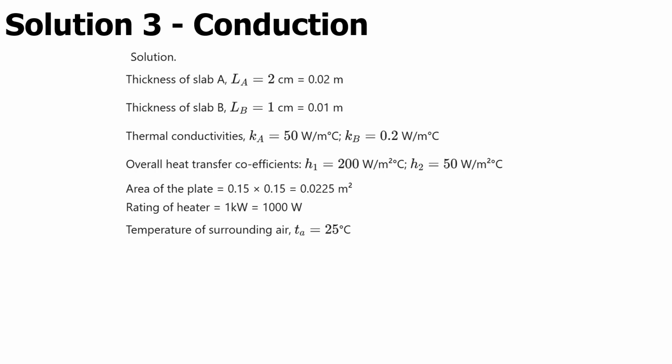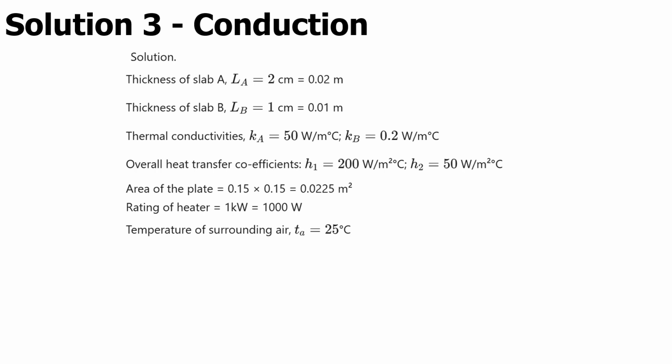Now let's list the given parameters for our solution. The thickness of slab A is 2 centimeters. Slab B is 1 centimeter. Thermal conductivities Ka is 50. The overall heat transfer coefficients H1 is 200 watts per square meter degree Celsius, H2 50 watts per square meter degree Celsius.